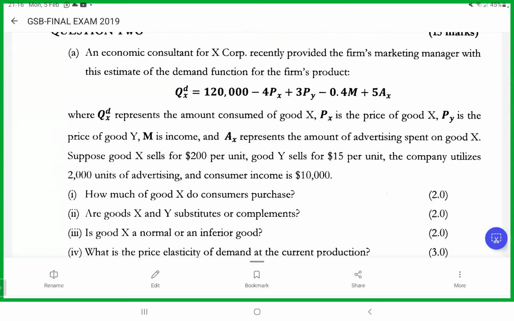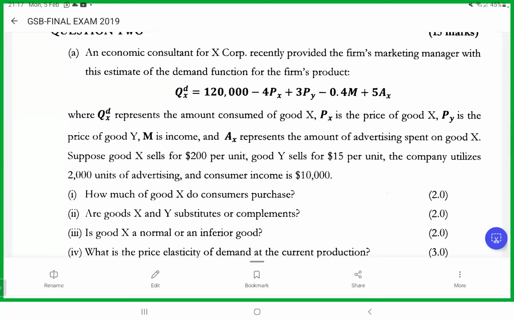All right. Thank you. So we have been provided with that information and asked how much of good X consumers purchase. How do you go about this? There is this consultant for the company who has just provided the firm's marketing manager with the estimated demand function for the product that they are selling. And so that's the demand function, and you're given the definitions of what those parameters in the function stand for.